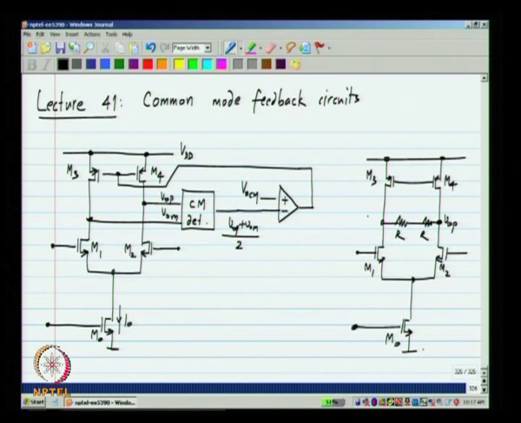The midpoint will be at (VOP plus VOM) by 2, and you simply connect it to the gates of M3 and M4. In this case, the output common mode voltage will be stabilized to the gate voltage of M3 and M4 at a drain current of I0 by 2.